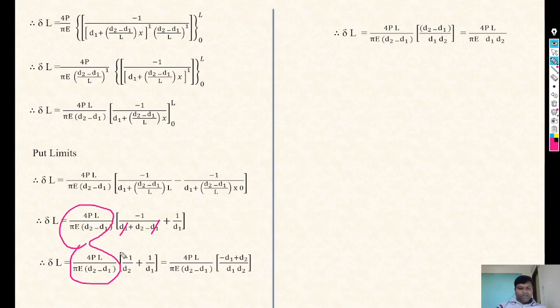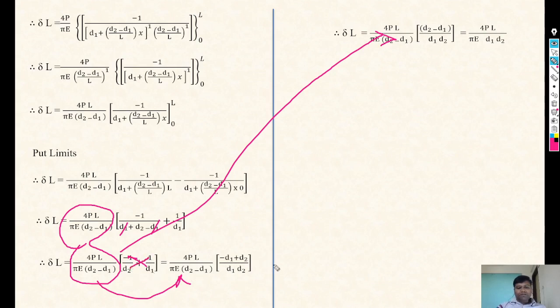Similarly we have kept this term constant over here, and here we have taken the cross multiplication, that is d1 into minus 1, that is minus d1, and d2 into 1, that is plus d2, divided by d1 into d2.